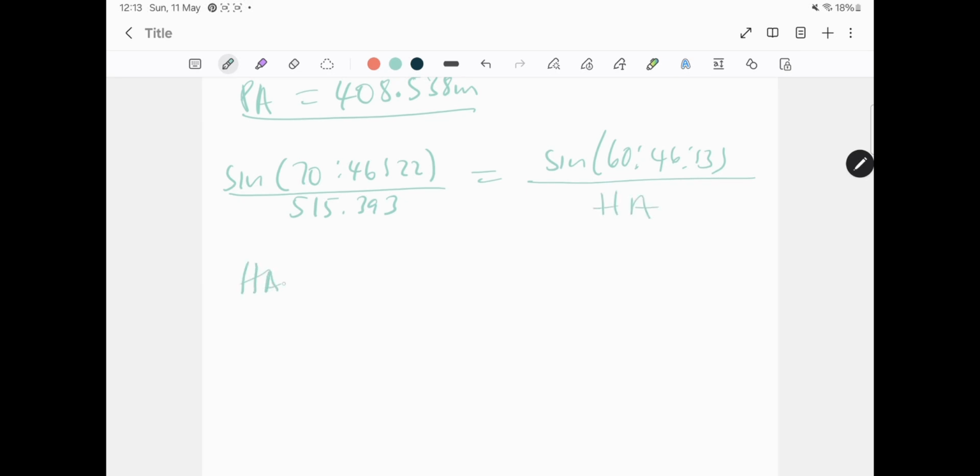So our HA after cross multiplying is going to be 476.338.